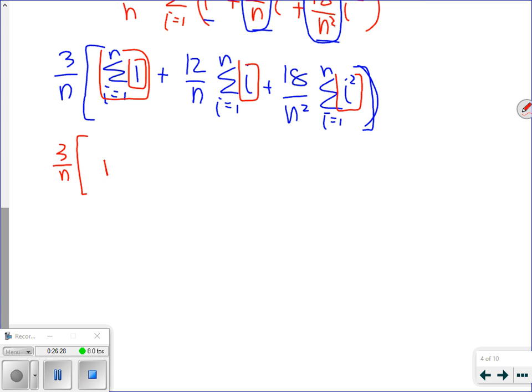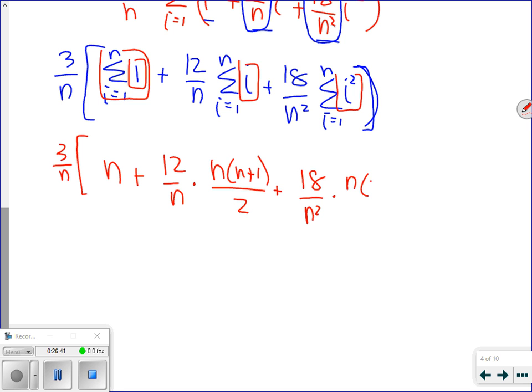This identity becomes just n, plus I have 12 over n, and remember the sum of i is going to be n times n plus 1 over 2. And then for i squared, remember that it is n times n plus 1 times 2n plus 1 all over 6.